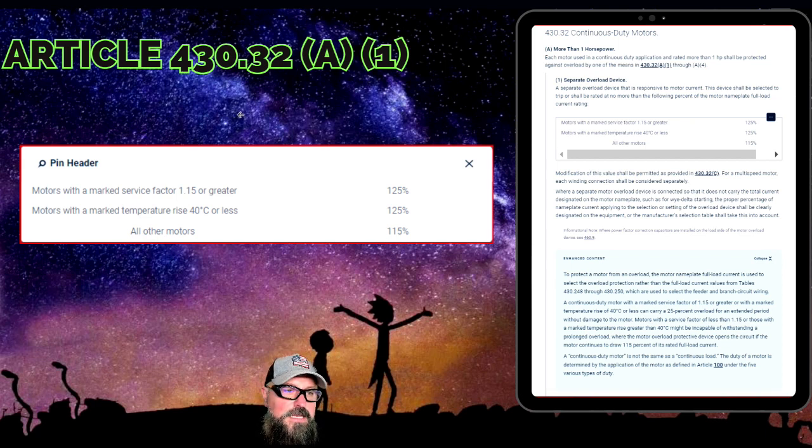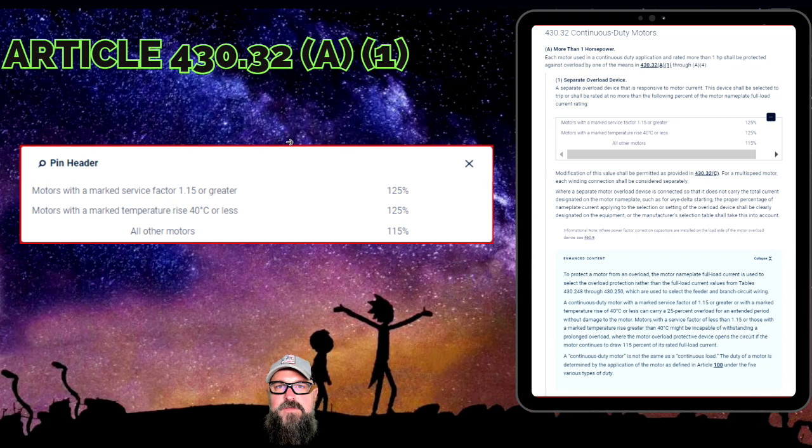Any motors with a marked service factor of 1.15 or greater, you're going to times that by 125%. So for the exam, if any question is asking about the service factor and it's giving a number of 1.15 or greater, then you're going to multiply it by 125%. Also, motors marked with a temperature rise of 40 degrees Celsius or less.